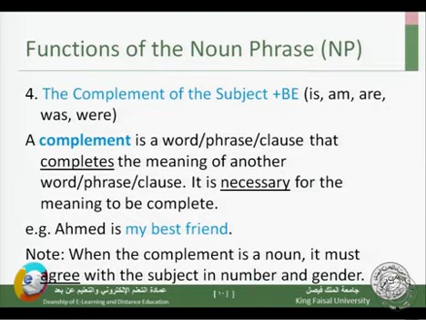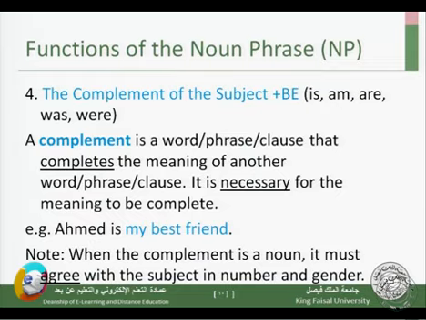We have a point to note here. When the complement is a noun, it must agree with the subject in number and gender. So you have the subject and you have the complement. Both of them need to agree in number and gender. You remember number and gender, we discussed them before. Number is plural or singular; gender is male, female, and neuter.